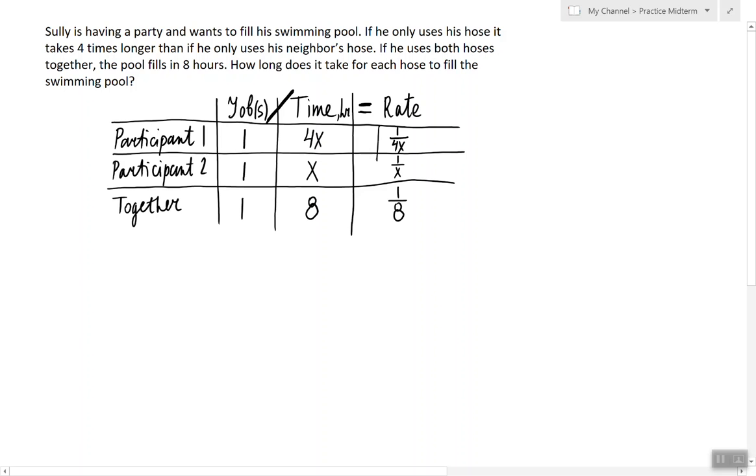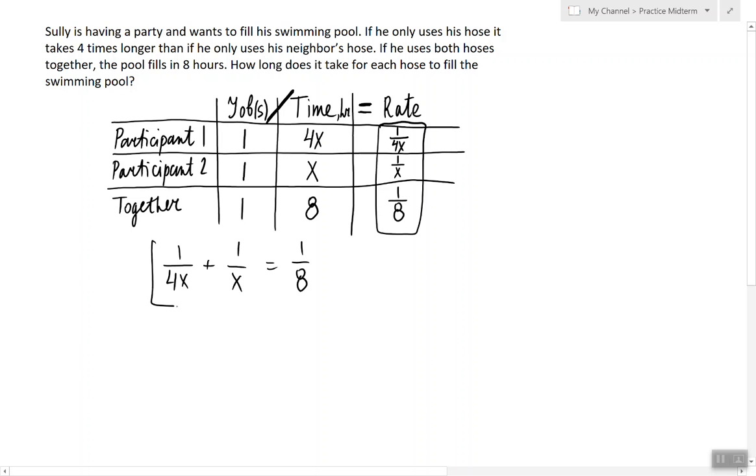So here, let's observe this column, and the relation is that when two participants join their efforts, their rates add together. So the equation here is 1 over 4x plus 1 over x is equal to 1 over 8.